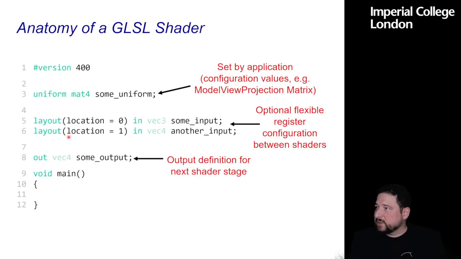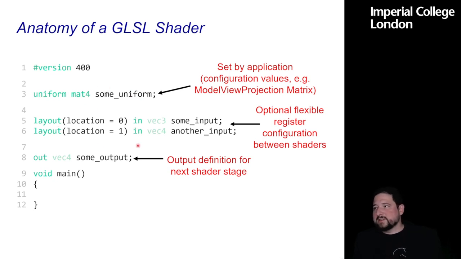Okay, so this is just the basic anatomy of how a GLSL shader pipeline looks. You can define what version you want to use. Please don't do this in ShaderLab Web because ShaderLab Web only accepts 1.2.0, right? Not 4.0.0. But the important bit is here. So here we define a mat4 as a uniform variable. So this has to be set by the application stage. There won't be an error if you don't set it, but you don't have what you expect in there.